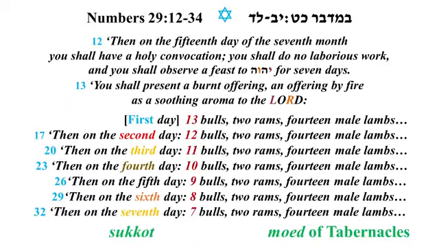And then 5 days later, on the 15th day of the 7th month, you shall have a holy convocation. You shall do no laborious work, and you shall observe a feast to Yahweh for 7 days. This is Sukkot. This is the feast of celebration, rejoicing. We've been redeemed. You know, these three fall feasts: on Rosh Hashanah, you repent.